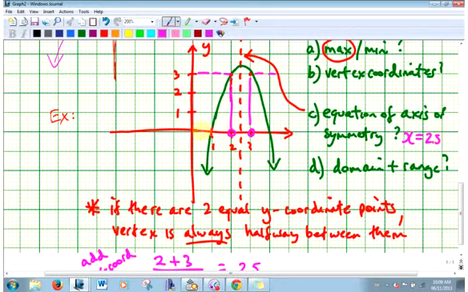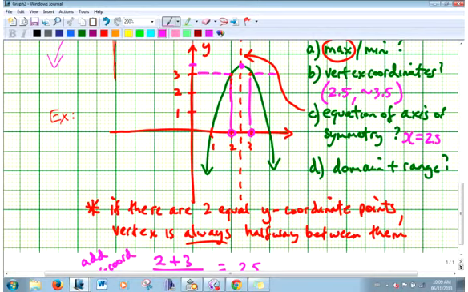So my vertex coordinates are, where's this vertex? 2.5. Now for y, we don't know how to do this yet. I'll show you soon, but today we're just going to guess. That looks like about what? Approximately 3.5. Okay, for today that's fine.